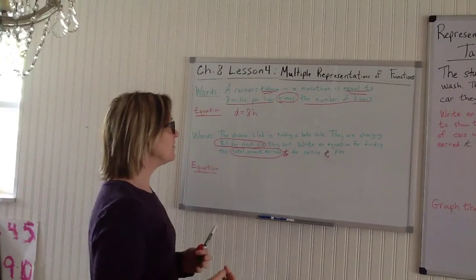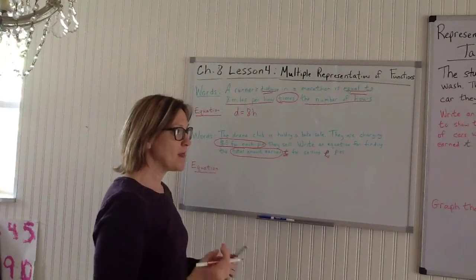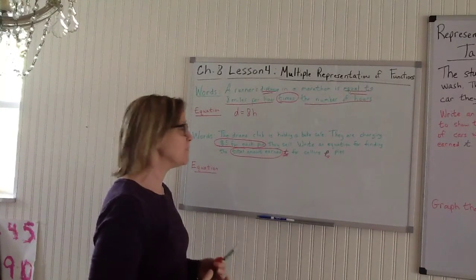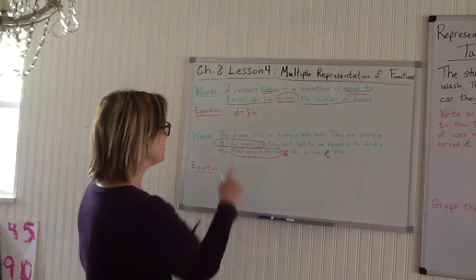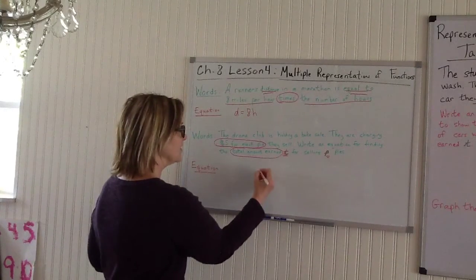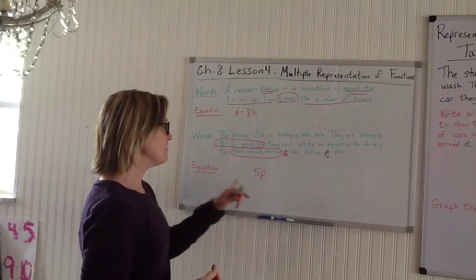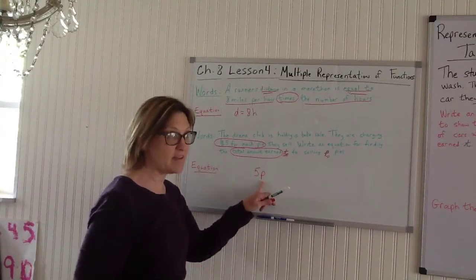So instead of using an x for an input and a y for an output, I have to think about what is happening in this situation. They're charging $5 for each pie, for each P. So $5 per pie would be my 5P. 5 times 1 is $5 for 1 pie.